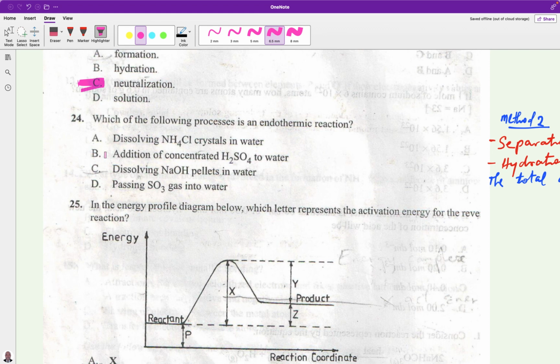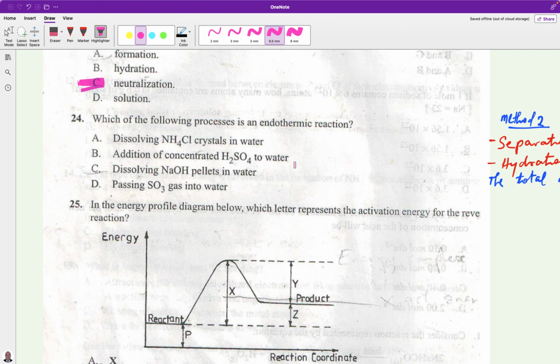Let's go to B. Addition of concentrated sulfuric acid to water. In the laboratory, when you take a glass beaker, you put some water there, and then you put some concentrated sulfuric acid on it. What happens?